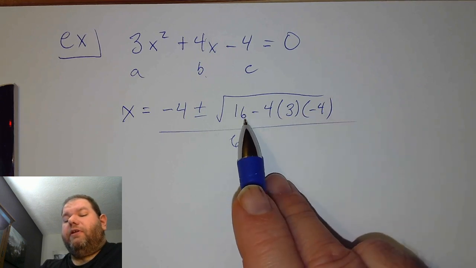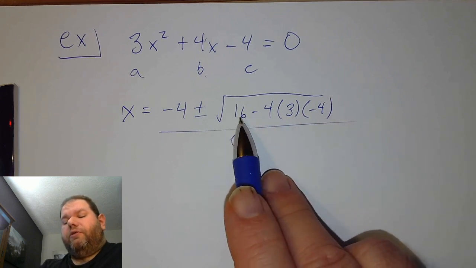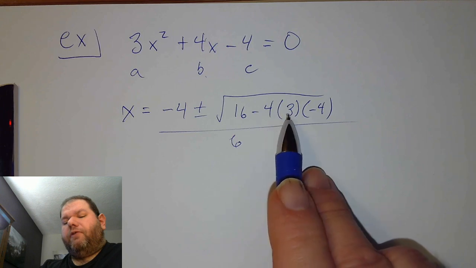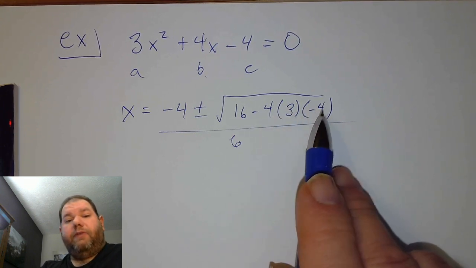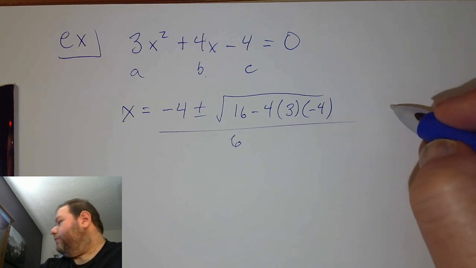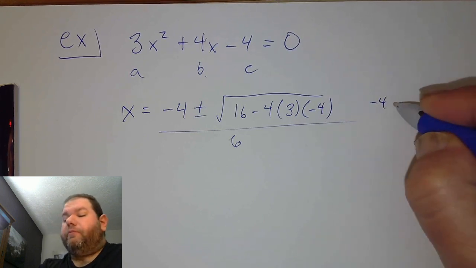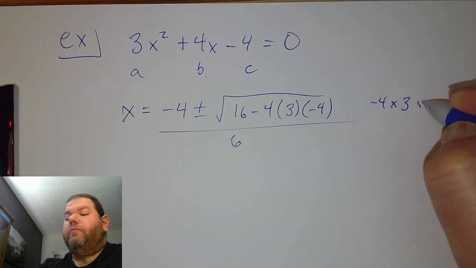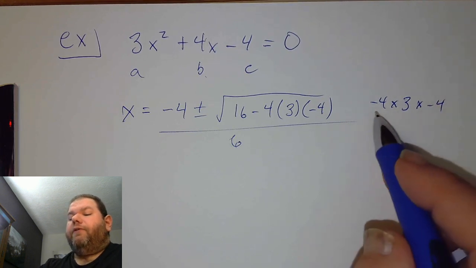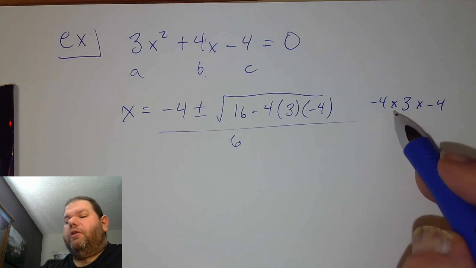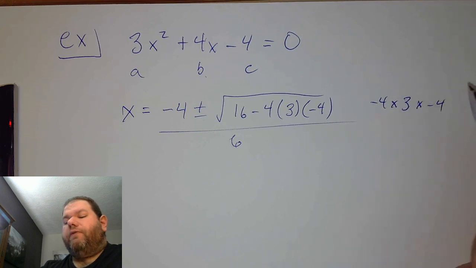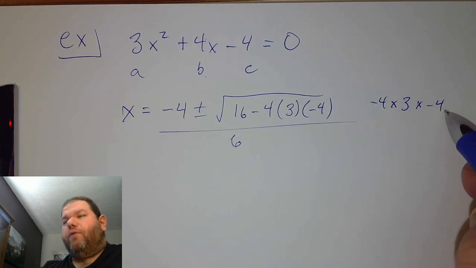So 16, and then we're okay there, but we want to focus on the rest of these numbers. Negative 4 times 3 times negative 4. Now we know that we have two negatives here, so it's going to work out to be a positive. And then 4 times 3 is 12, times 4 is 48.